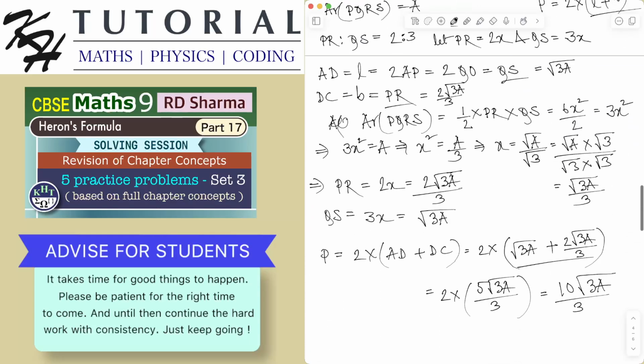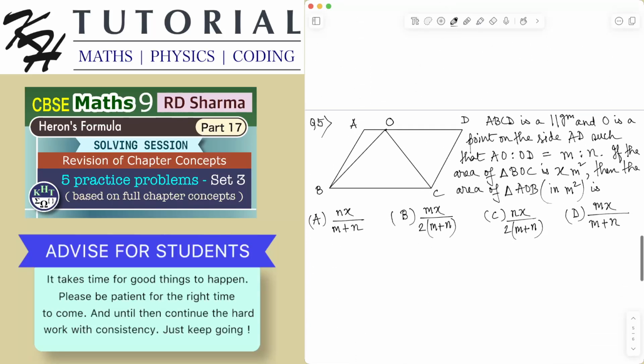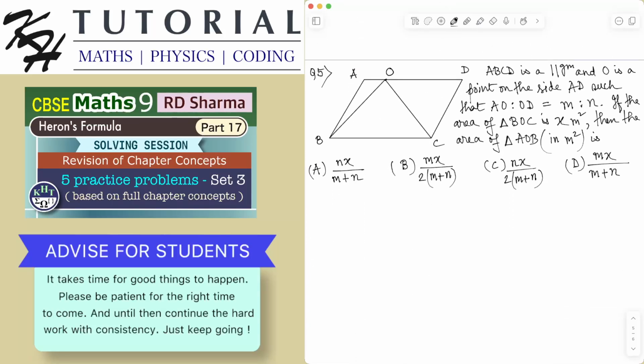Let's see the next problem, the last problem. Question number 5. ABCD is a parallelogram and O is a point on the side AD such that AO to OD is M is to N. If the area of triangle BOC is x meter square, then the area of triangle AOB is in meter square.